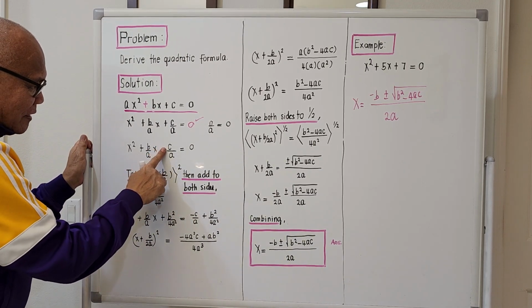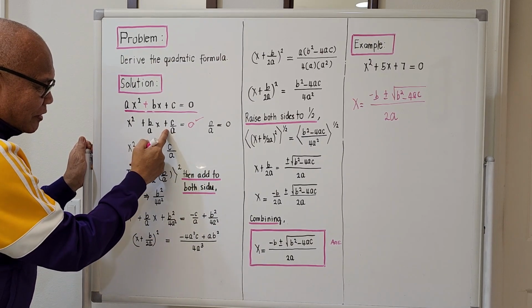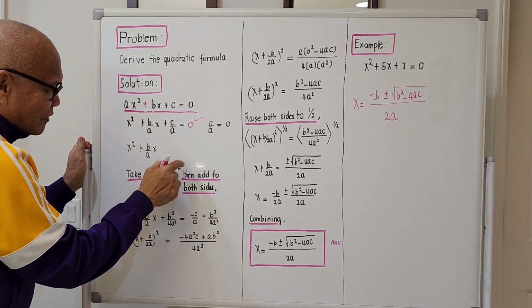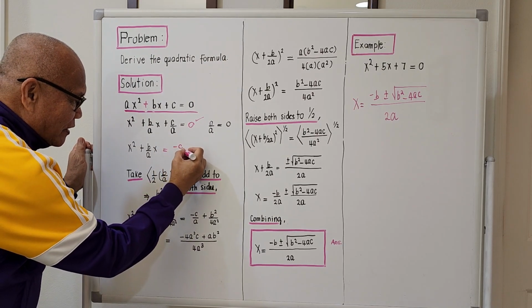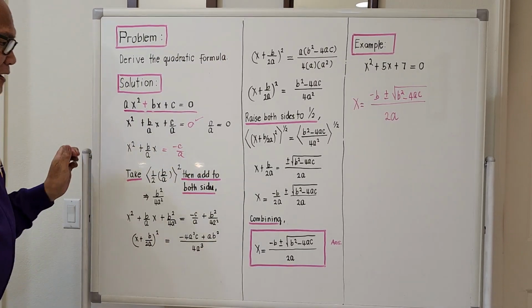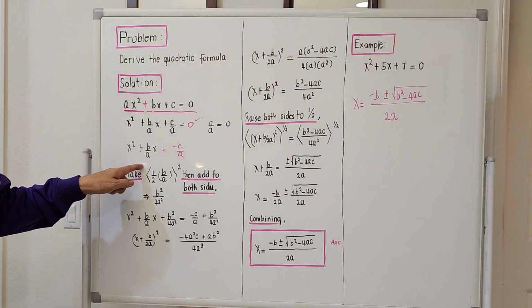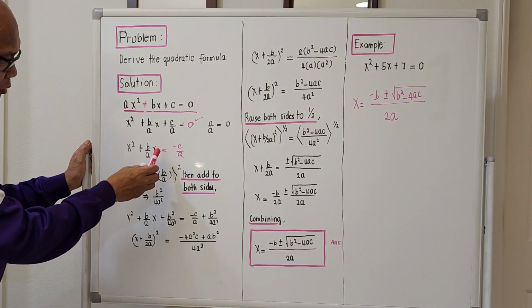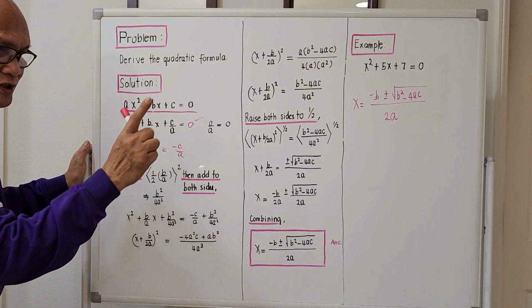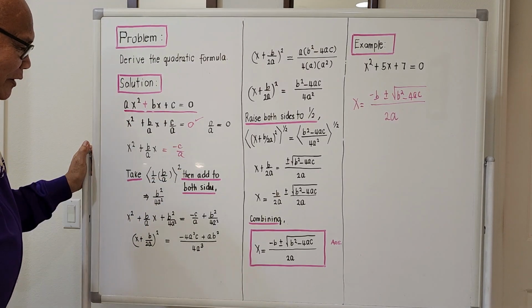Okay, if I will transpose this to the right, this should now be equal to negative c over a, right? And to make this one a perfect trinomial square, we will compute for the value of the pure constant term which must be added on the left for it to become a perfect trinomial square.